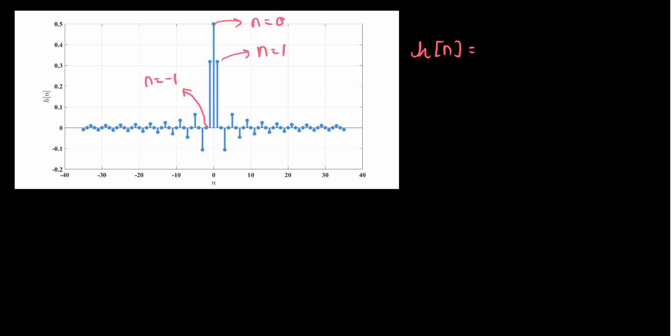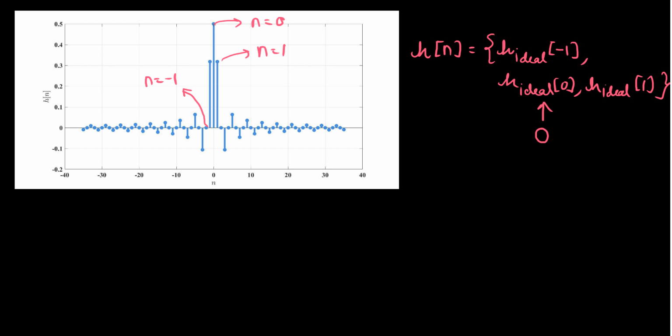So what we have is simply a sequence given as h ideal of -1, then h ideal of 0 and h ideal of 1, and this h ideal of 0 is again located at n equal to 0.